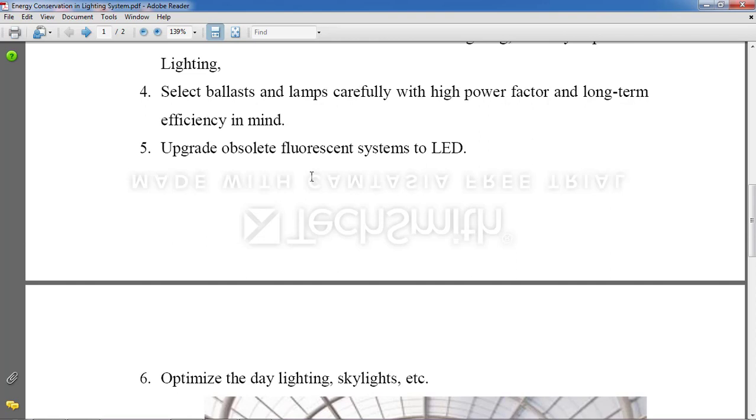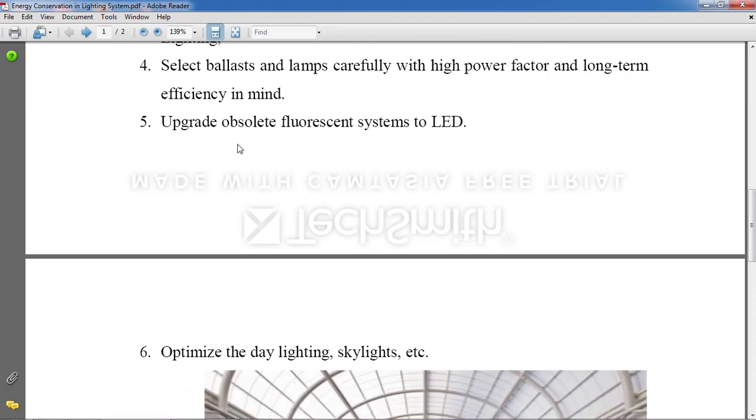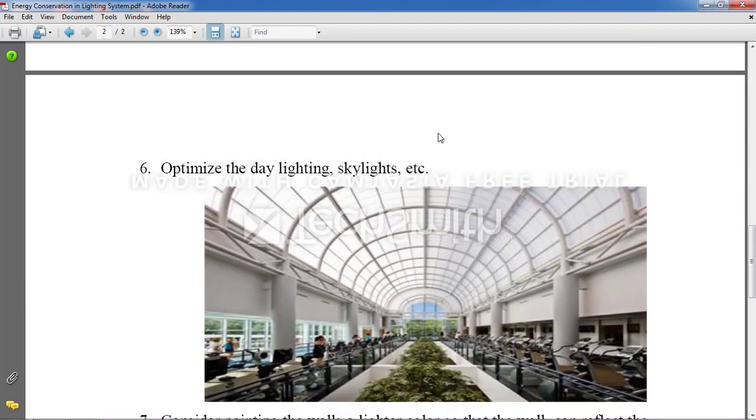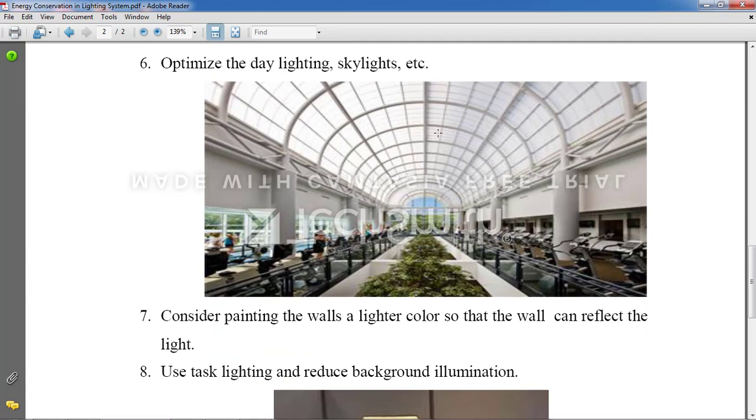They are using sodium vapor lamps, and sodium vapor lamps are ballast lamps, right? So there you have to select properly, because there are many categories based on their efficiencies and life. Next, upgrade obsolete fluorescent systems to LEDs. This is a general point.